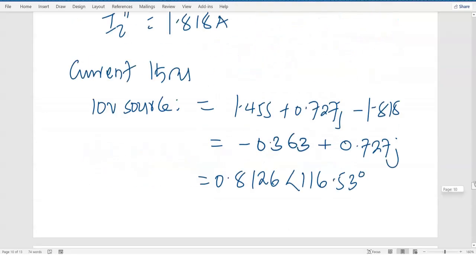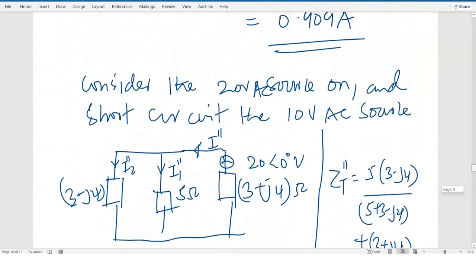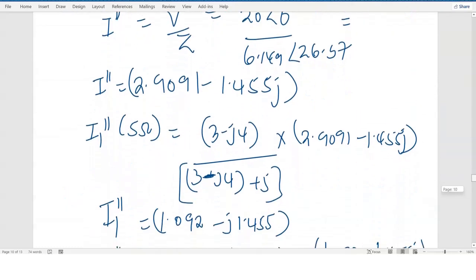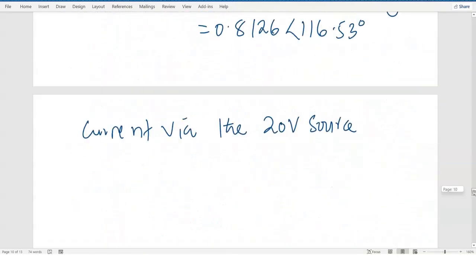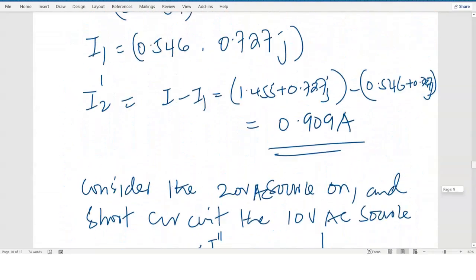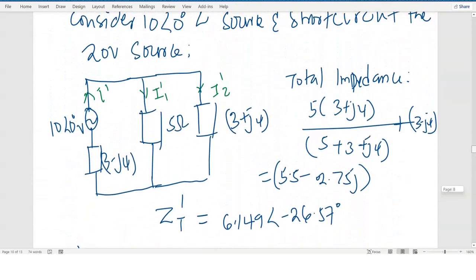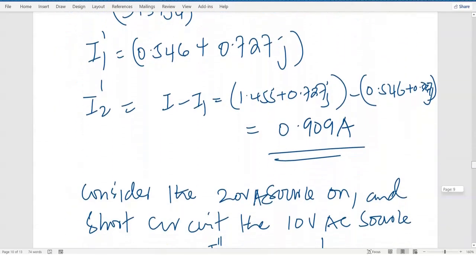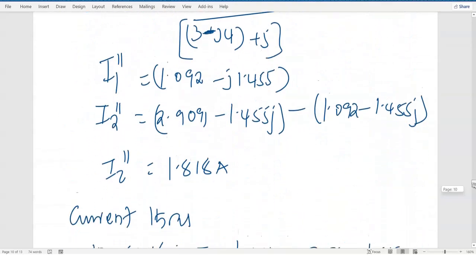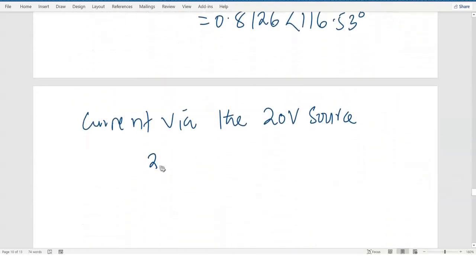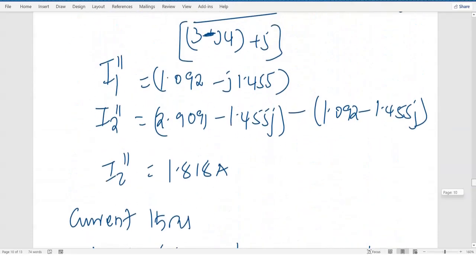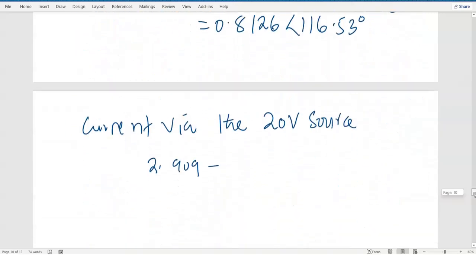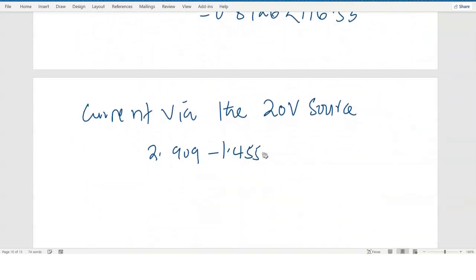Next is the current via the 20-volt source. So remember, the 20-volt source has produced this value of 2.9091. There was a current I2 that flowed in there. That I2 single prime was 0.909. So I'm going to get 2.909 minus 1.455j, then we take away 0.909.